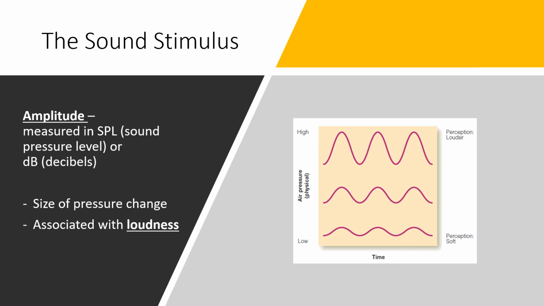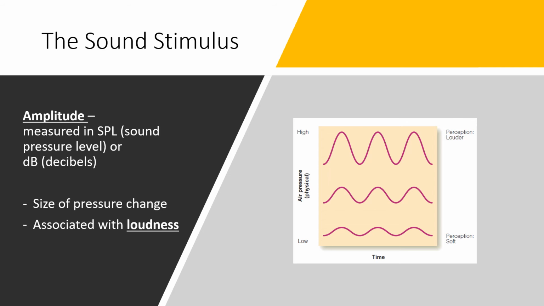So what we're seeing is the size of the pressure change, how much those molecules are coming together and coming apart and coming together and coming apart. And amplitude is associated with loudness. For the next few slides that I'm talking about the sound stimulus, I'm going to start with the sound stimulus itself there in bold.